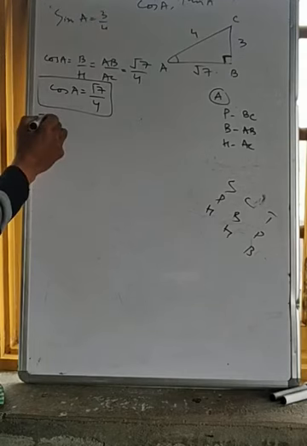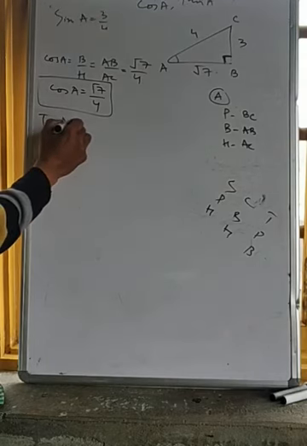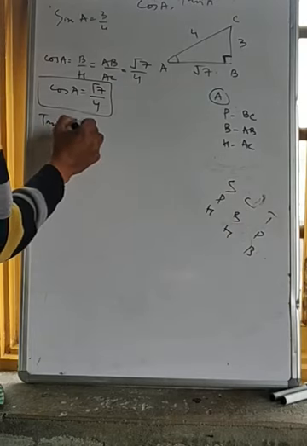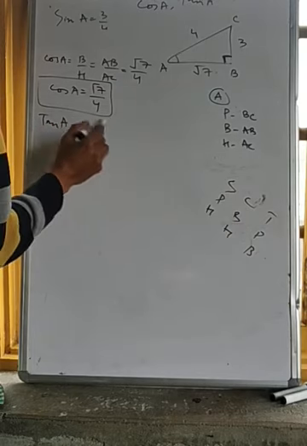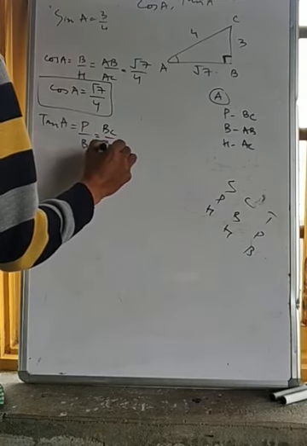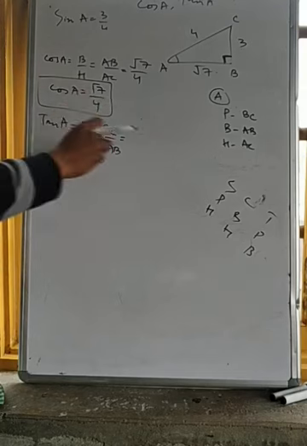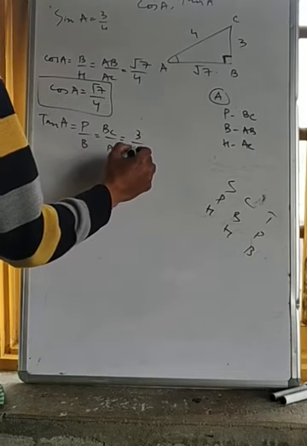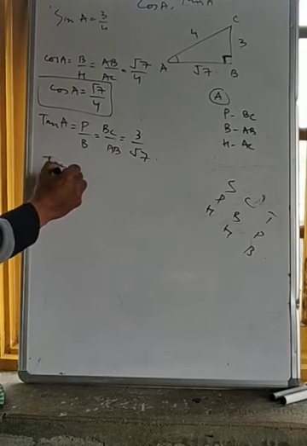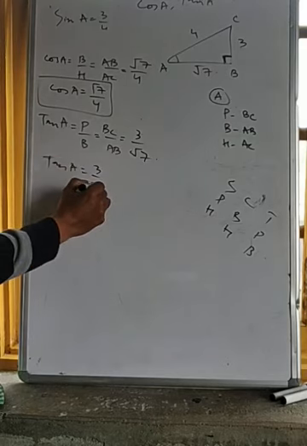Now we are asked to find tan A. Tan A is equal to perpendicular divided by base, and perpendicular is BC, base is AB. So BC is equal to 3 and AB is equal to root 7. So tan A is equal to 3 by root 7.